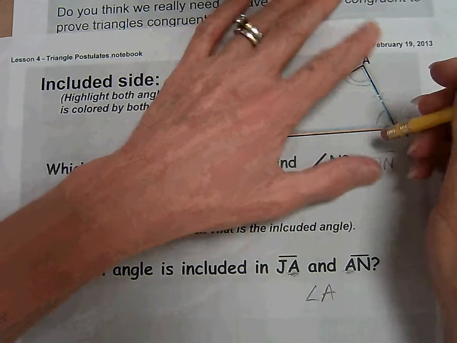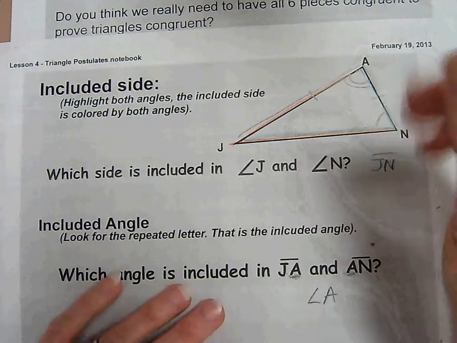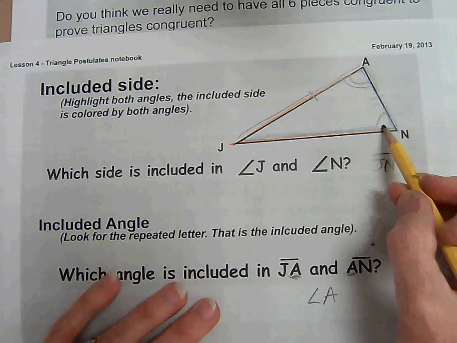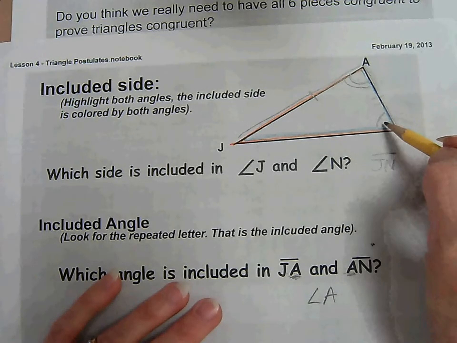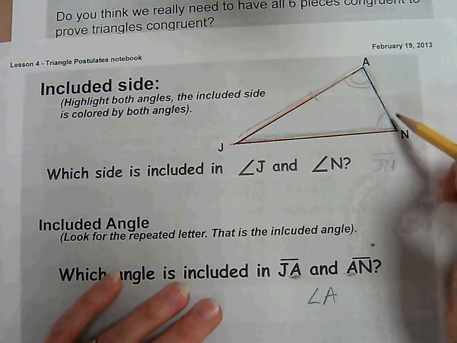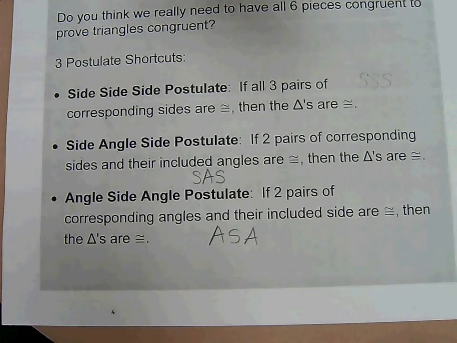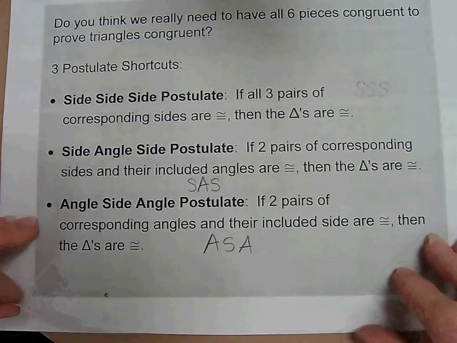But if we did not have AN congruent, for instance, we could not say that this was congruent to the other triangle, because we'd have angle, angle, side, instead of angle, side, angle. Okay, so make sure that you understand the included sides and these postulates.